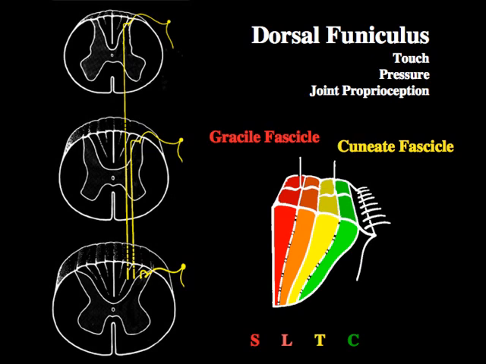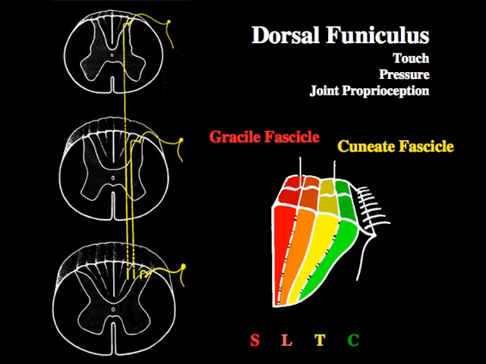And you can see that as these fibres come into the dorsal horn, a branch of the nerve fibre shoots off medially, joins the dorsal funiculus, and carries on up the central nervous system all the way to the medulla.